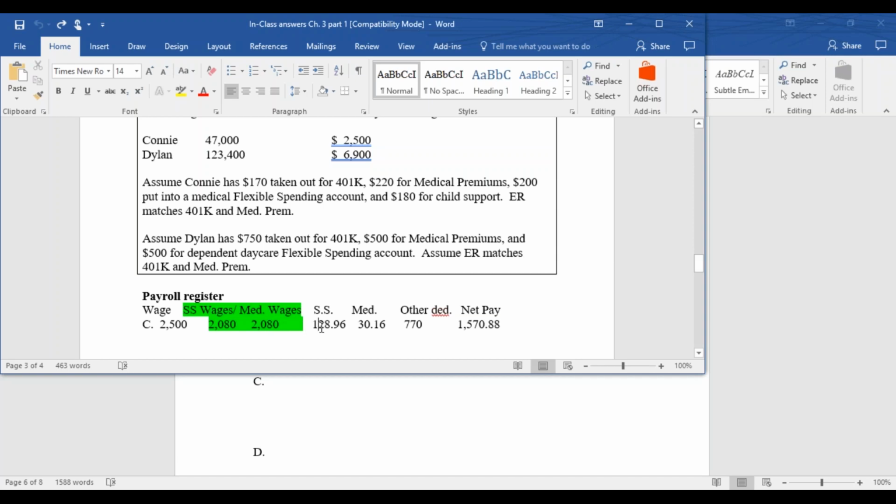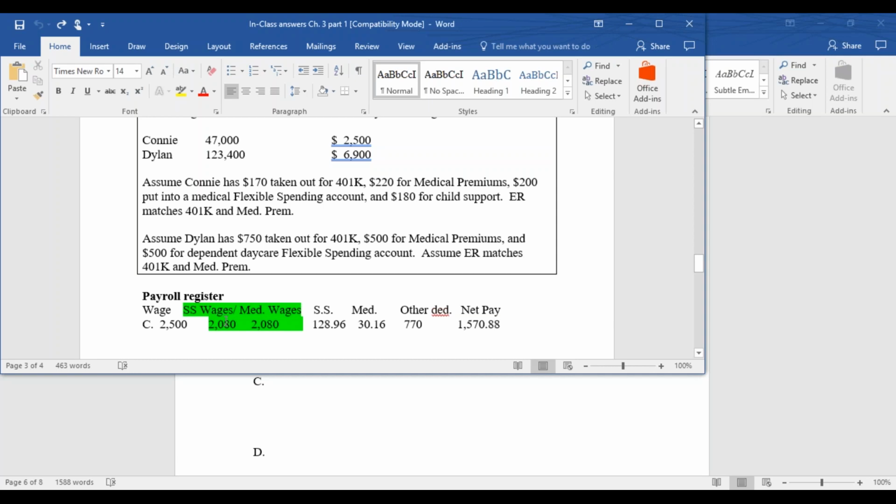So now you go through and multiply this one by 6.2% and this one by 1.45%, using these green numbers. The other deductions, instead of writing each one out, we will do that in the future. For right now, I'm just adding up all the money taken out of her check that went elsewhere, not into her pocket. She's going to have a final net pay of $1,570.